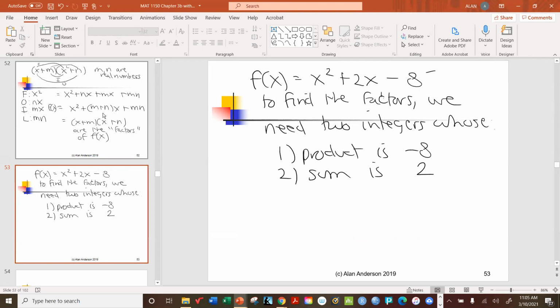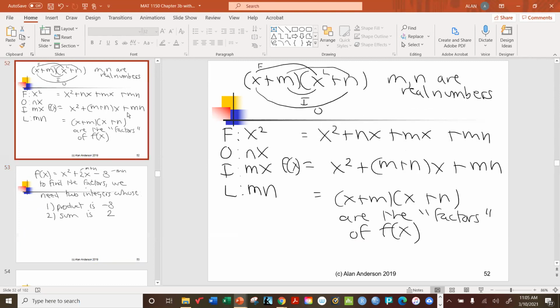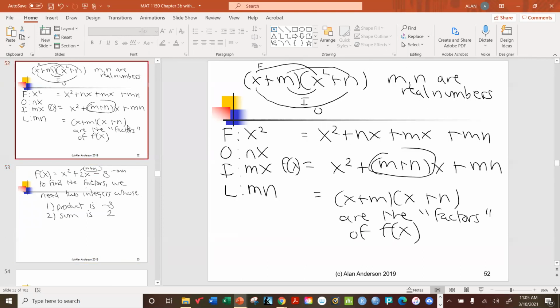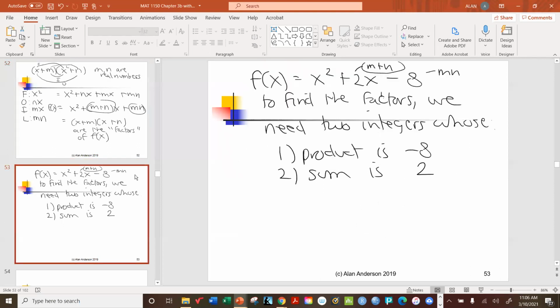Why? Because this is your mn and this is m plus n from before. In other words, you see the coefficient of x is the sum, and the constant is m times n.